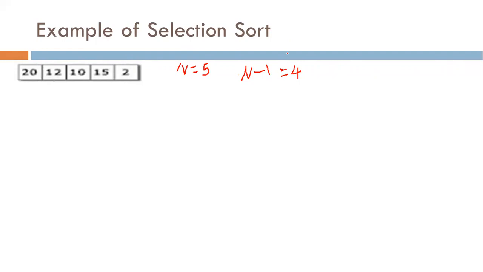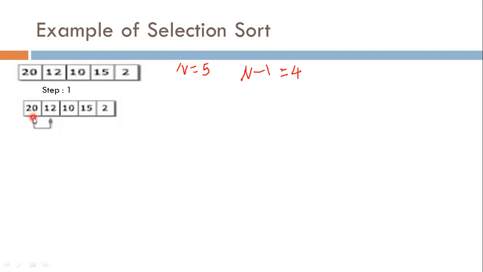Now step number 1. In step number 1, according to the method, we pick the first element and compare it with all the elements one by one. Here our first element is 20.